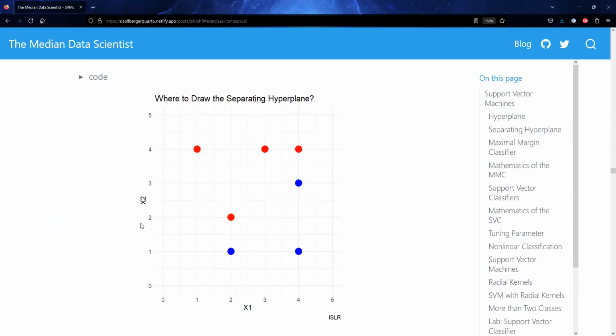Remember, when creating the optimal separating hyperplane, you don't necessarily need all the data. You focus on the places where the dots of opposite colors or opposite classifications are closest.